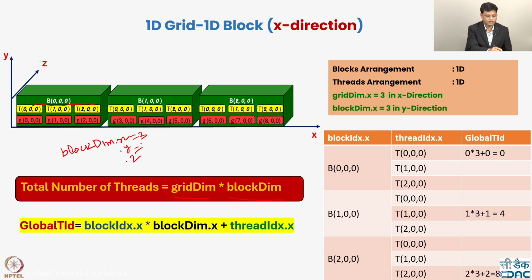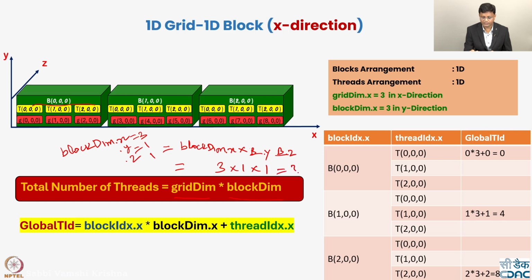If you see, there are no threads within a block in the z direction and y direction. But you cannot make it 0, you have to consider it as 1. So, when you multiply all these 3, blockDim.x multiplied by blockDim.y and blockDim.z, here you can put the values 3 into 1 into 1.